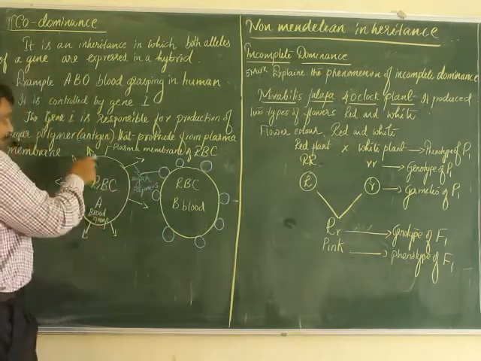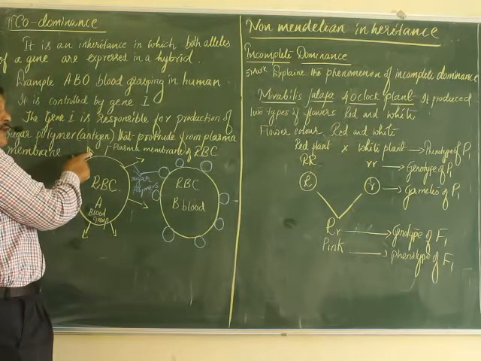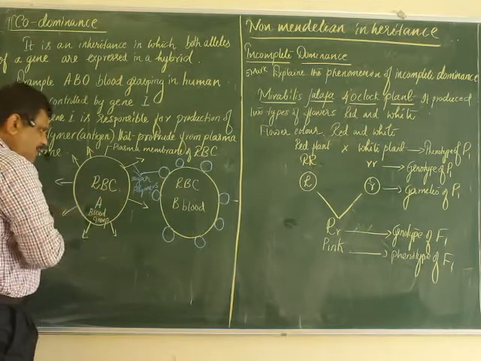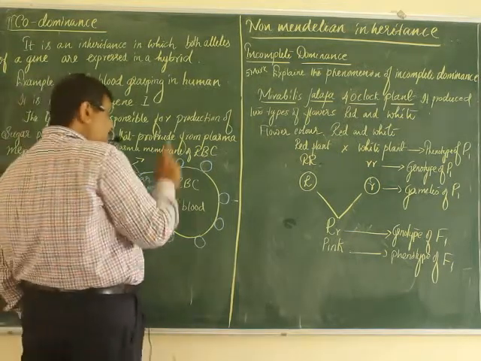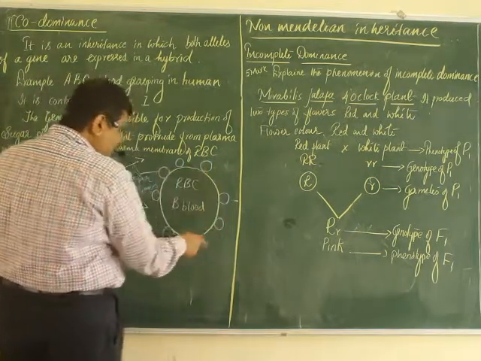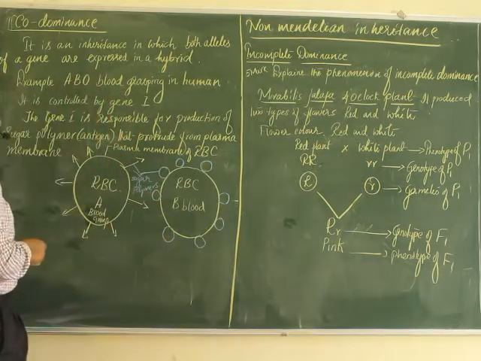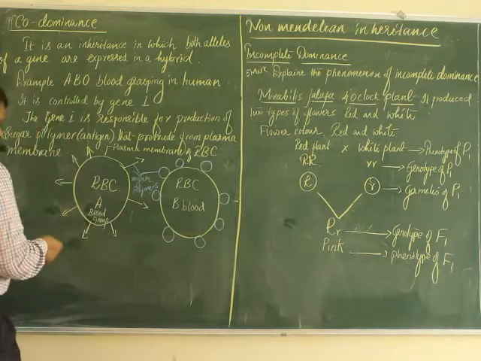See, A group is A because it has a different sugar polymer on the surface of the RBC, that is on the plasma membrane. B group is B because it has another separate sugar polymer on the surface of the RBC.